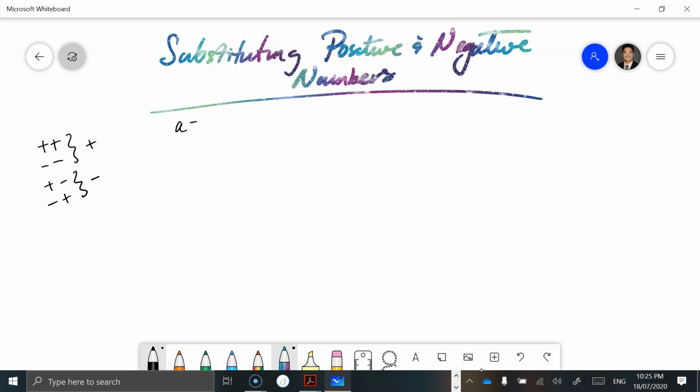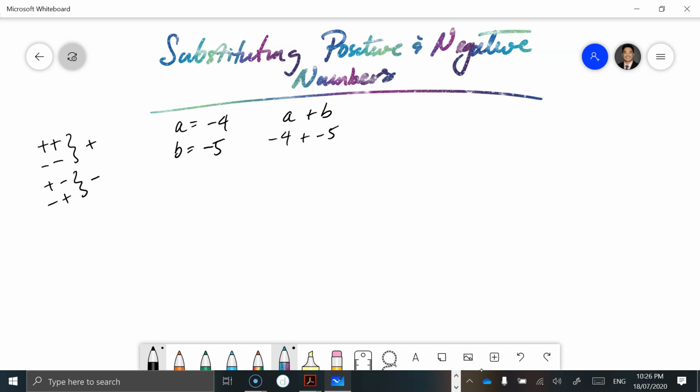So let's say a is equal to -4 and b is equal to -5. If we've got a plus b, we're going to have -4 plus -5. Really important that you substitute everything as is, and then you can simplify things afterwards.